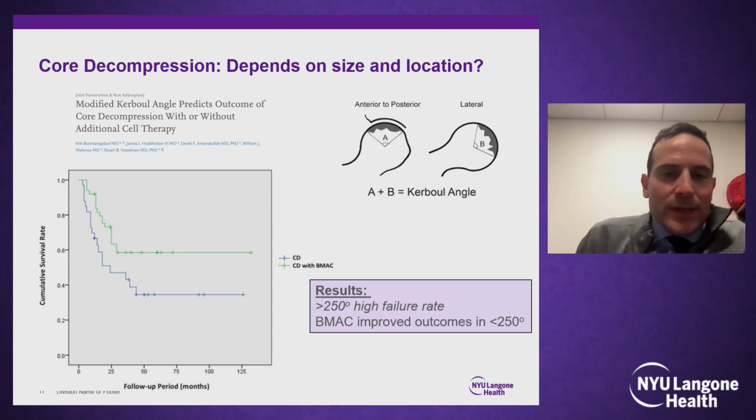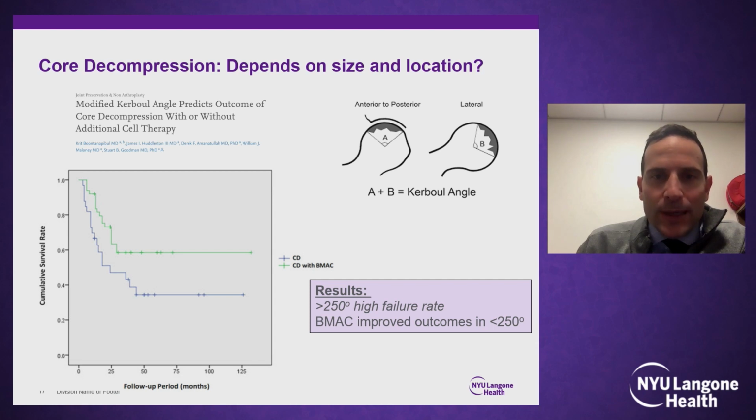So in those hips that had a greater than 250-degree Kabul angle, remember again, that's the AP and lateral angle added up, there was a very high failure rate. And in those who were less than 250, bone marrow aspirate improved outcomes. So I think this nuance is really interesting, and it may point us in the right direction in terms of figuring out which hips are going to do well with this surgery.